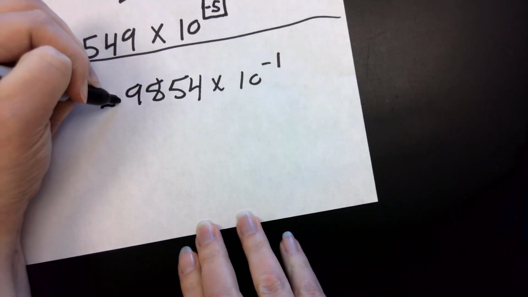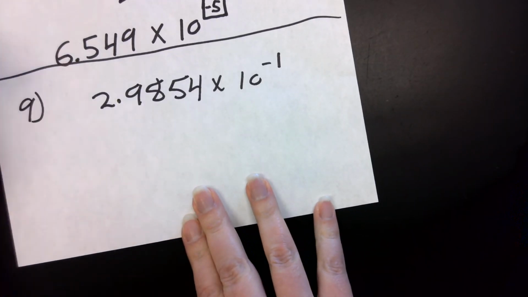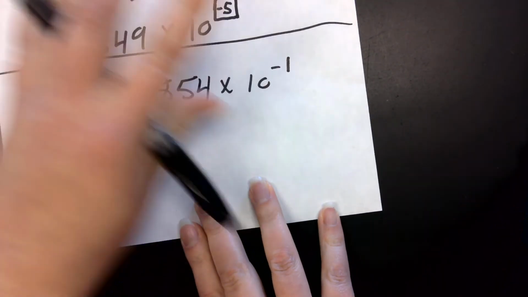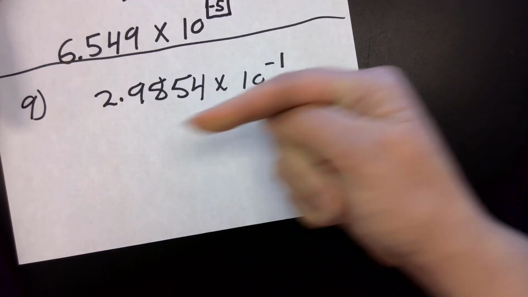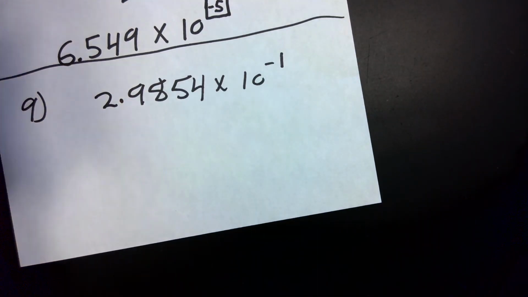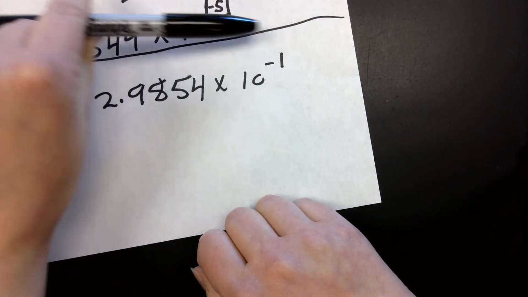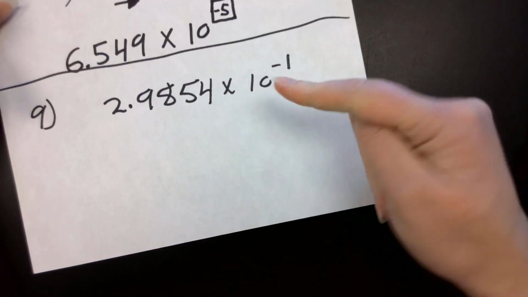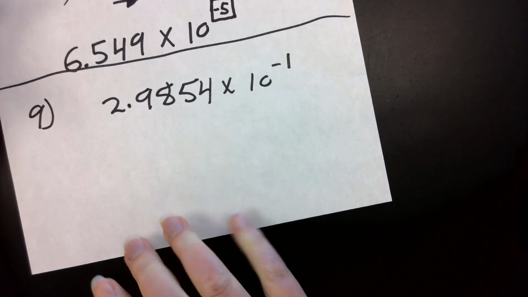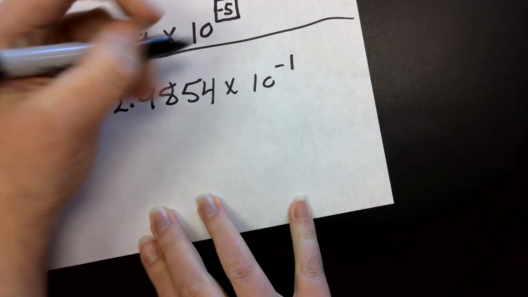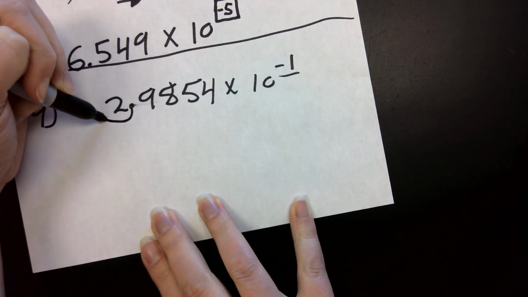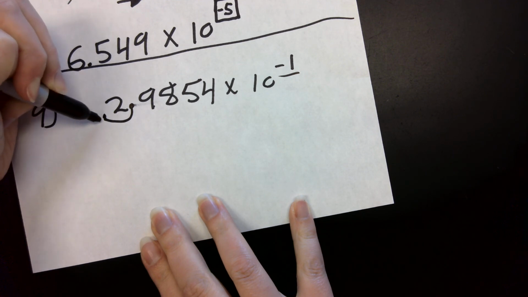So many people, when they look at these, they go, oh, we're going to go that way. Negative means it goes to the left. Only positive exponents go to the right. Negative to the left. So if we're going to the left one time, we have to take our decimal and go to the left once.